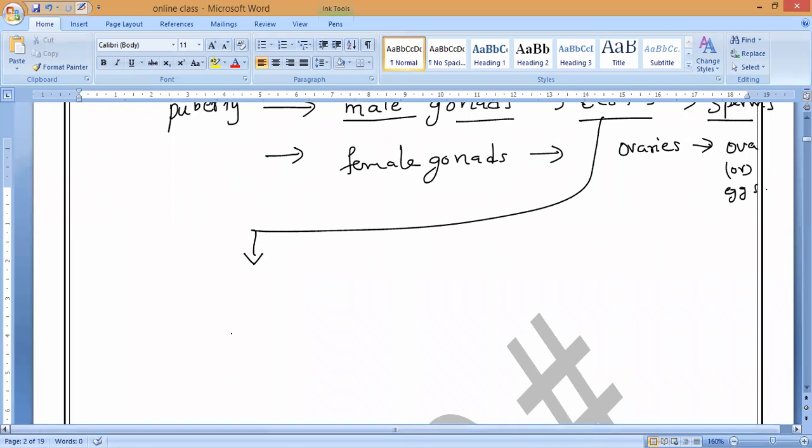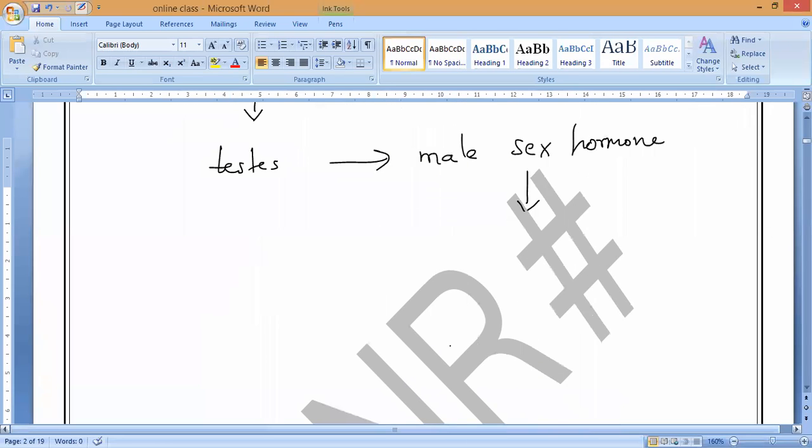Along with that, the testes produce the male sex hormone. What is that hormone name? The male sex hormone is called, anyone please? Testosterone. Testosterone.